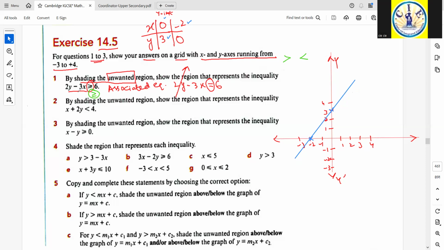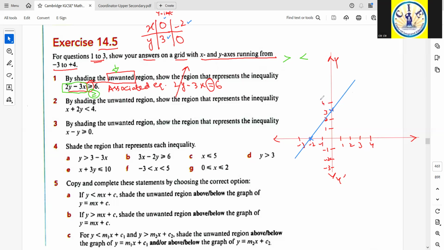Okay, now we need to see one thing, that we need to shade the unwanted region. What is the region that we want? We want this expression to be greater than or equal to 6.